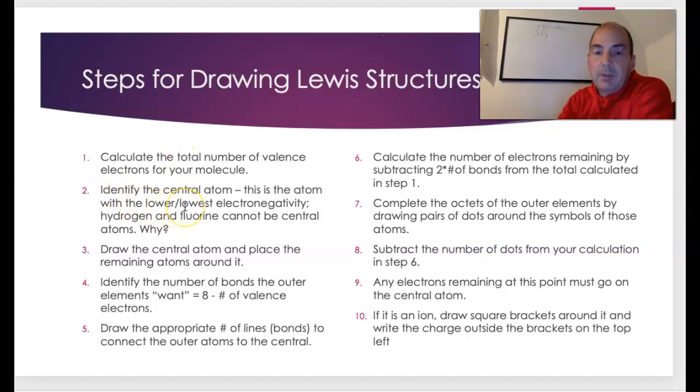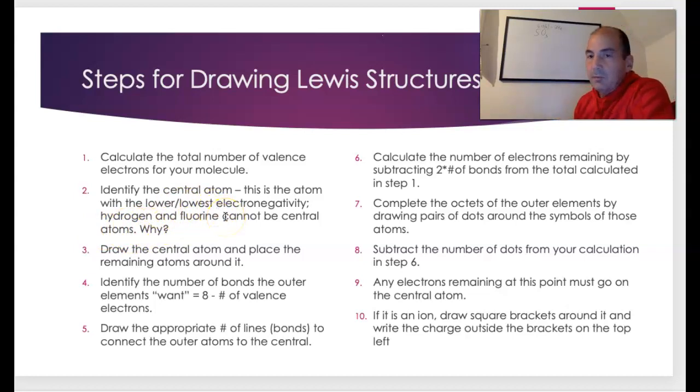Identify the central atom. Okay, it's the one with the lower or lowest electronegativity. There's multiple ways of looking at this. Sometimes I tell you to think about the elements that want the most bonds. That wouldn't really apply here. It does come down to electronegativity. I make a point of saying hydrogen and fluorine cannot be the central atom.